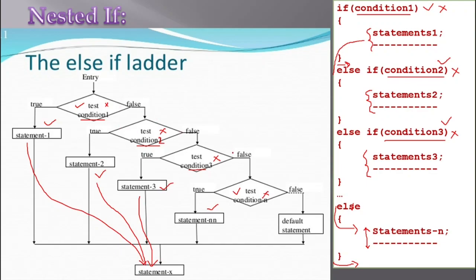All the conditions have failed. Then the default block, what I am talking about, the else block. This part is represented here, and the control comes to this one. That is how an else if ladder is going to work.